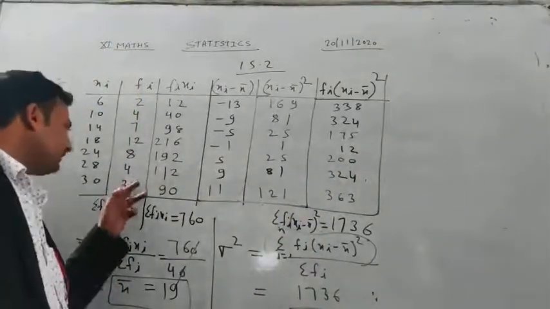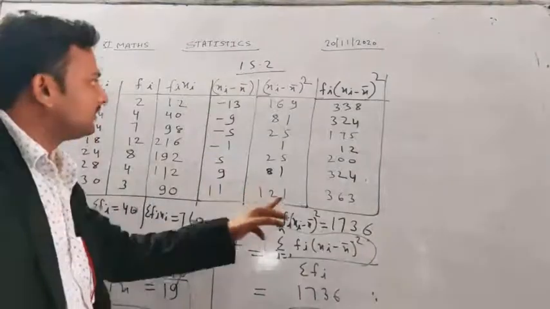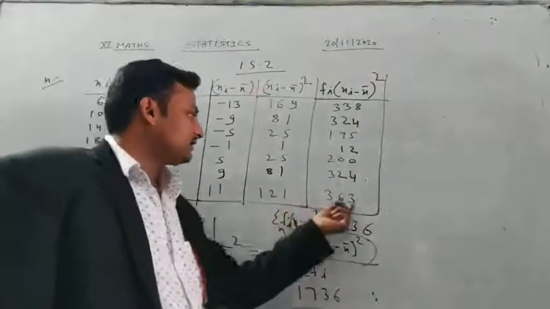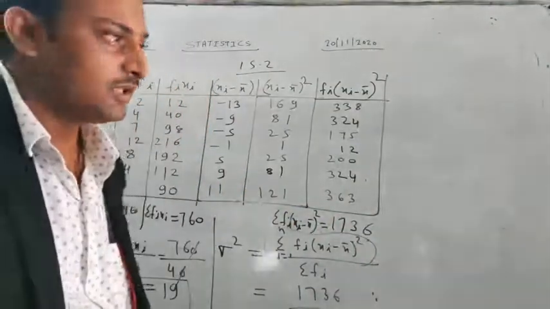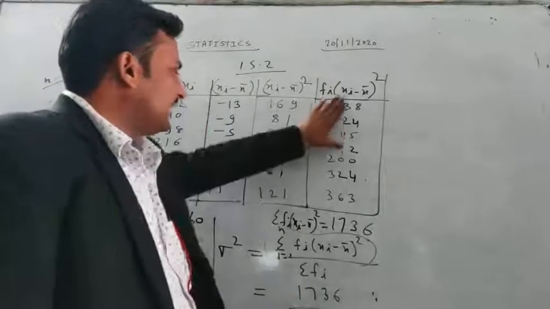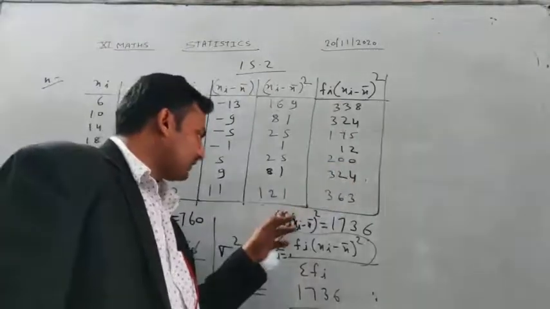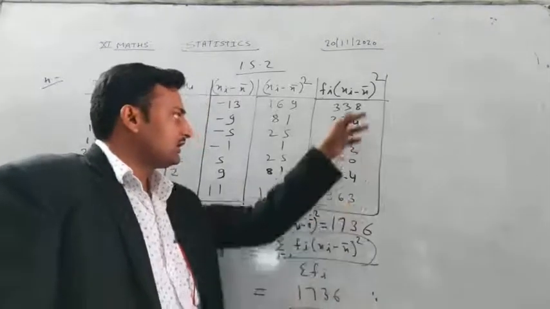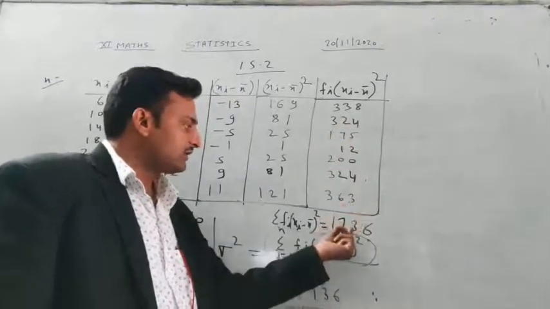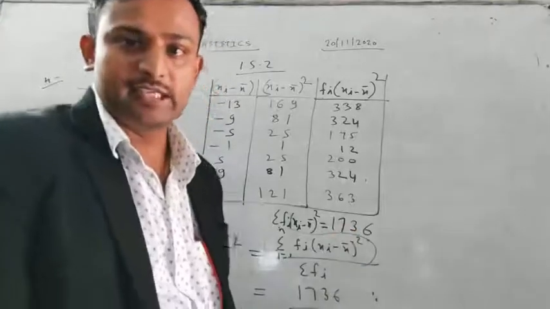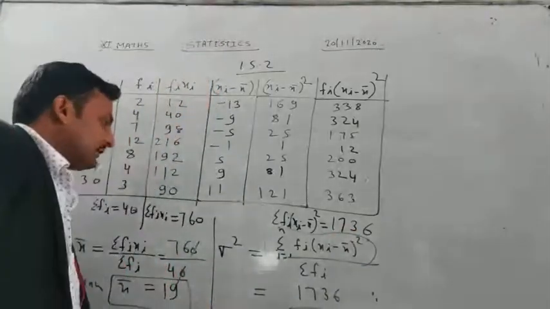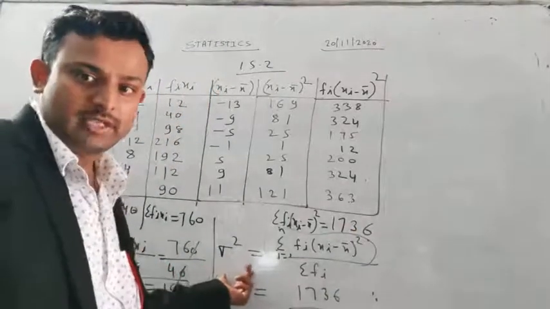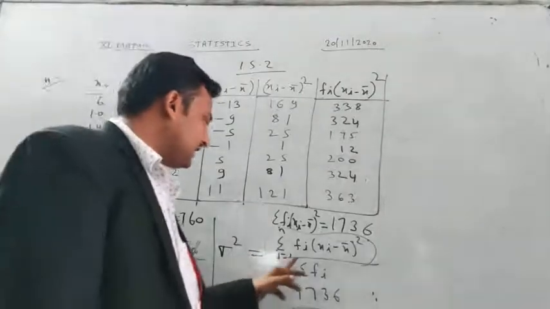Now multiplication of 3 and 121 is 363. Now we will find the addition of these. So our summation fi xi minus x bar square will be the addition of this, which is 1736.